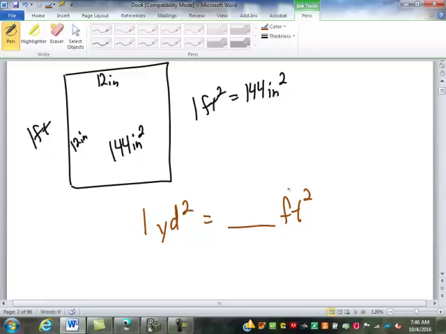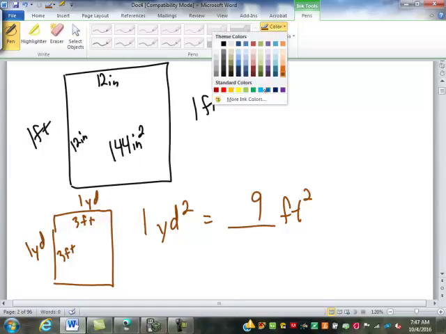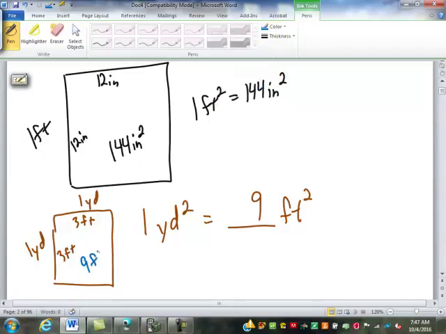So how many square feet do you think are going to be in 1 square yard? 9, exactly. 1 square yard is 1 yard by 1 yard, which is 3 feet by 3 feet. And 3 times 3 makes 9 square feet in 1 square yard. Or you could go through the process like we did up there and just multiply by the conversion factor of 3 twice because it's squared.